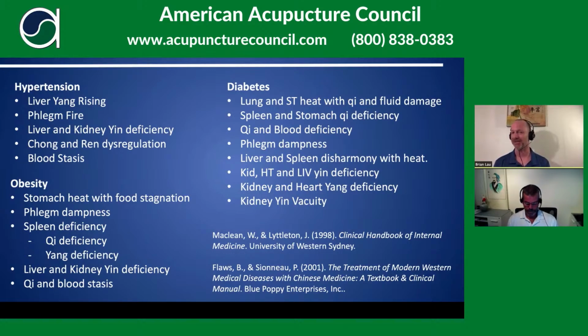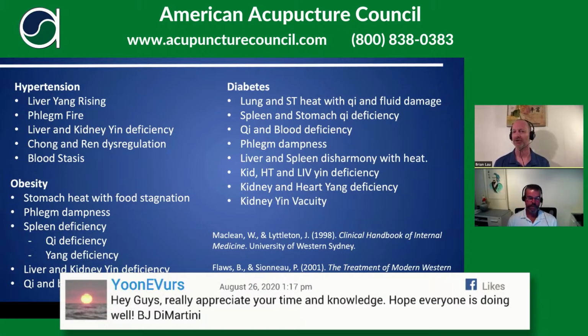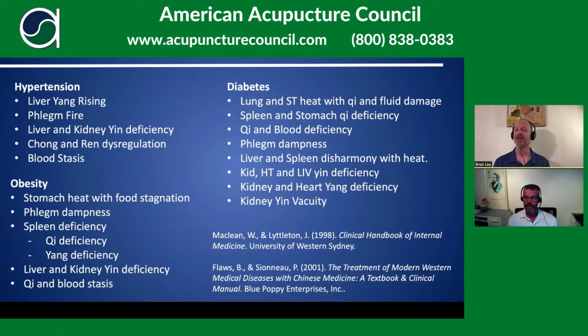My hypothesis, my guess, would be that if you found the people with hypertension who have acquired flat foot, you'd have more phlegm fire, more liver and kidney yin deficiency, maybe not so much liver yang rising. Who knows? I'd be curious to find it, but that would be my guess.